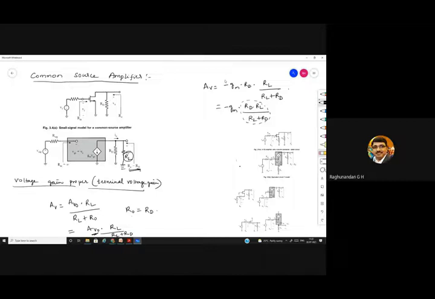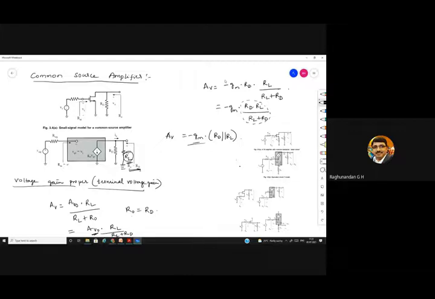Yes, when two resistances are in parallel, this is the formula. So we will take it as minus GM into RD parallel RL. You can take it this way. So the voltage gain proper, or terminal voltage gain, which is with respect to RL, is this one. This is the voltage gain.